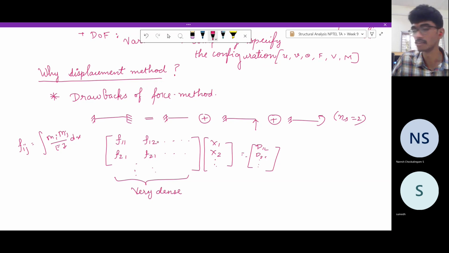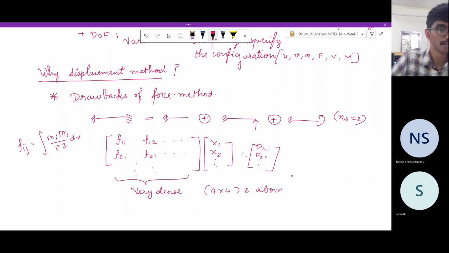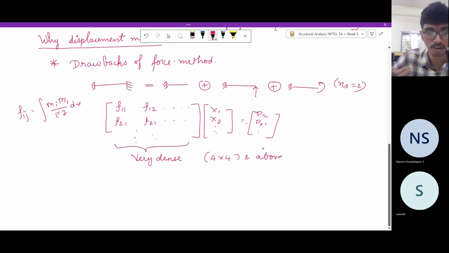So computationally, it is not very efficient. Once the size of this flexibility matrix exceeds, say, 4 cross 4 and above, solving this manually is almost impossible. It takes a lot of time. Solving 5 cross 5 simultaneous linear equations is very difficult.